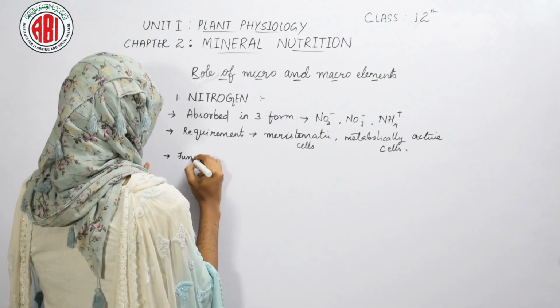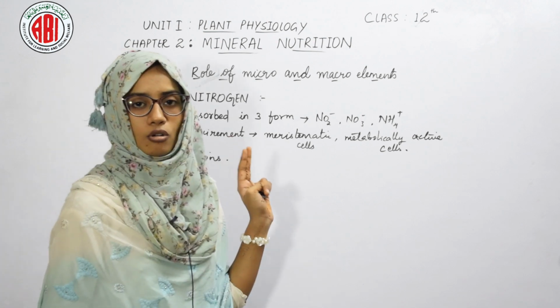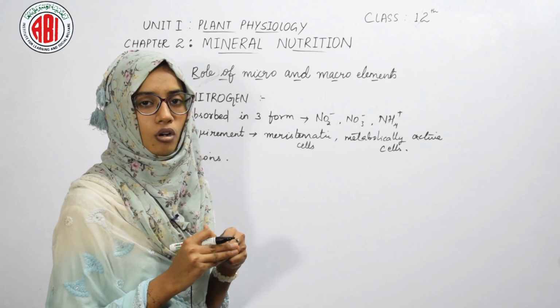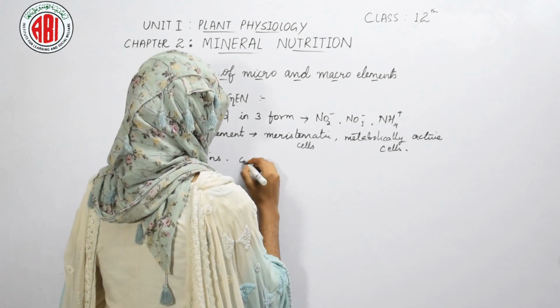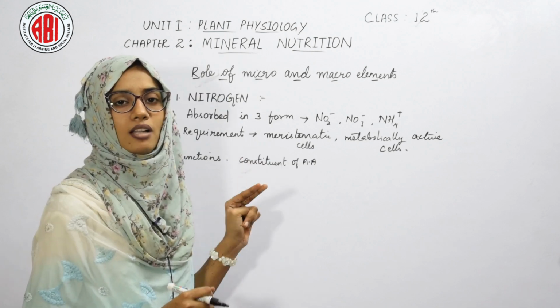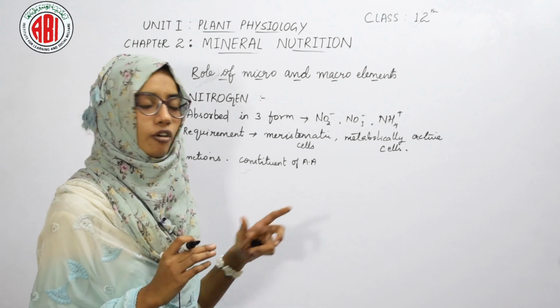Now we are going to discuss the functions of nitrogen. Nitrogen is an important constituent of amino acids, and it also helps in protein synthesis because protein is made up of amino acids.